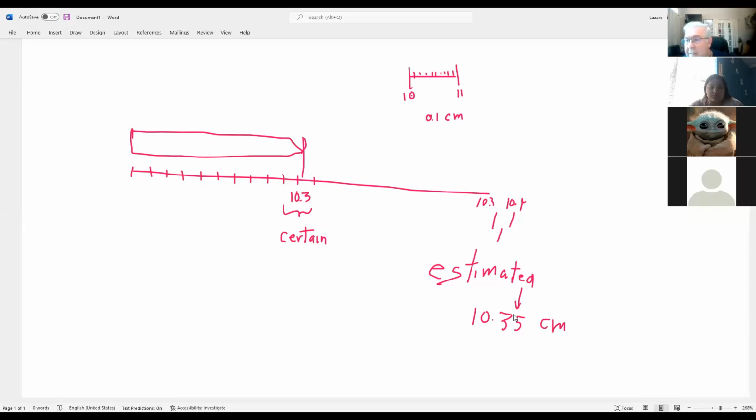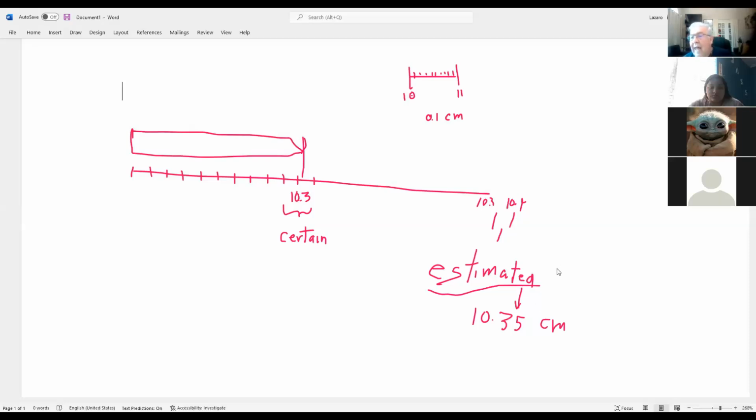Maybe, for example, Jenny will say that it will be 10.33. You will say 10.35. Jasmine can say 10.36, I don't know. It depends on the person that is doing the measurement. That's why we say that this is estimated. Got it? Okay, I got it.